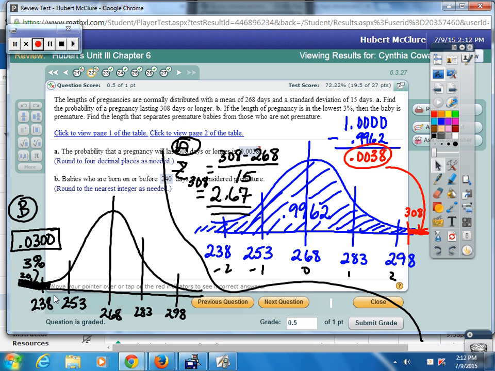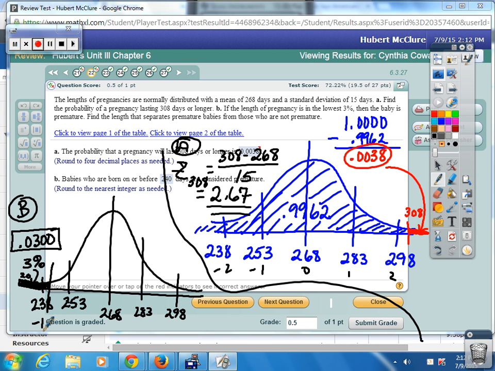Yes, Hubert. Thank you, class. So this spot right here is negative 1.88 z-score. But that's not going to do us any good because we've got to have a number like 240 days.